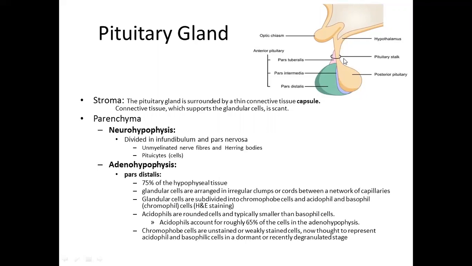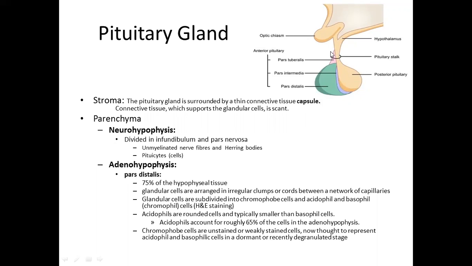The neurohypophysis is further divided into the proper pars nervosa and the connecting part, which is termed the infundibulum or infundibular stalk, the pituitary stalk. And the anterior pituitary, the adenohypophysis, is divided into the major area, pars distalis, and the intermediate area between pars nervosa and pars distalis, pars intermedia.